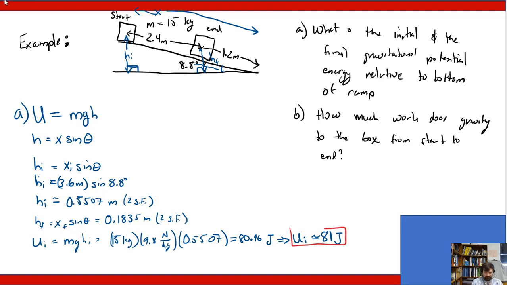If we do the same thing for the final, we'd have mgh final. All right, so that's 15 kilograms times 9.8 meters per second squared, or 9.8 newtons per kilogram, times 0.1835 meters.